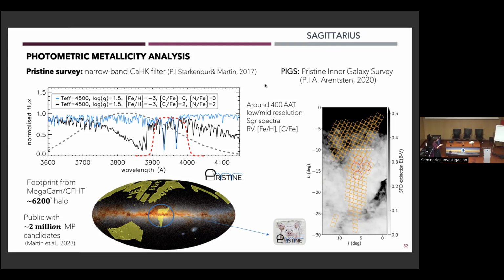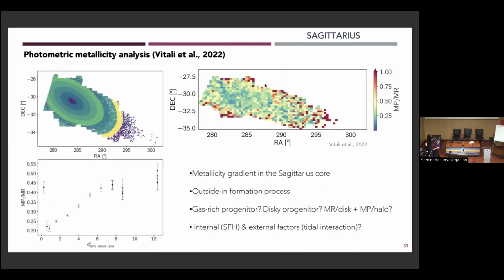So I started to study Sagittarius using photometry. What we did was to build a metallicity map, but not a spectroscopic one. Rather, we derived, thanks to the photometry, the population of Sagittarius into metal-poor and metal-rich stars, and looked at the variation of these two populations along the footprint.